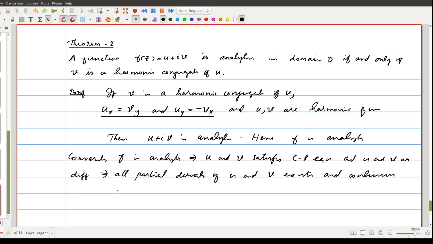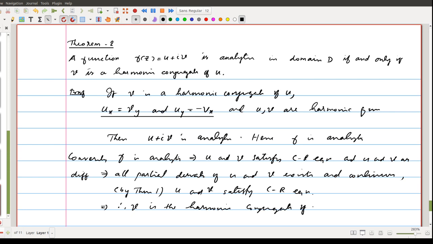Along with this, by theorem 1, u and v satisfy the CR equations. Then we can consider v to be the harmonic conjugate of u. So this proves theorem 2.